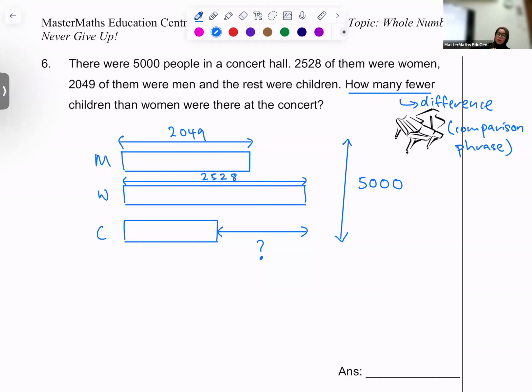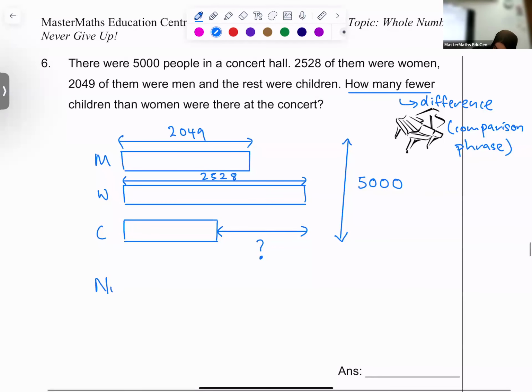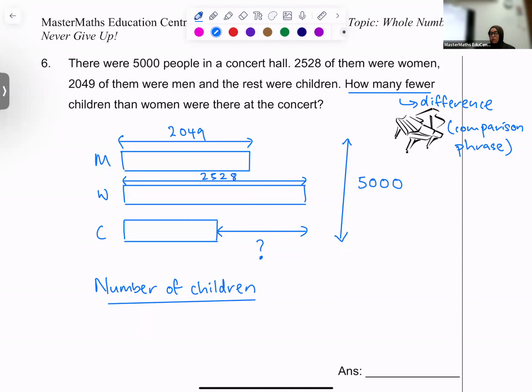No. So the first step is we need to find the number of what first? Children. So we need to find the number of children first.